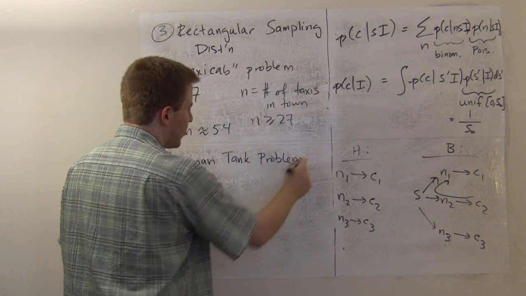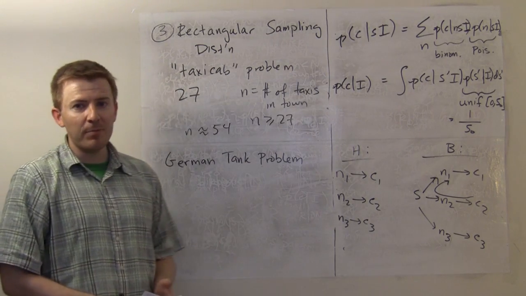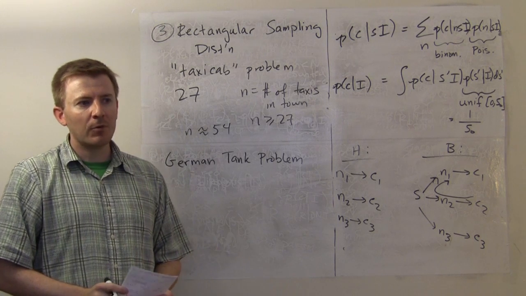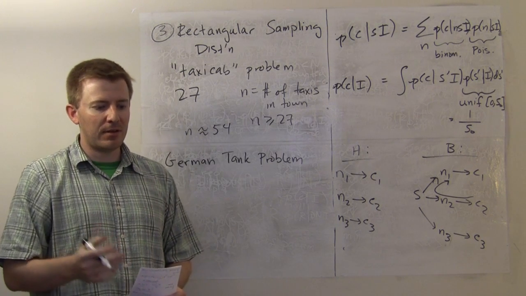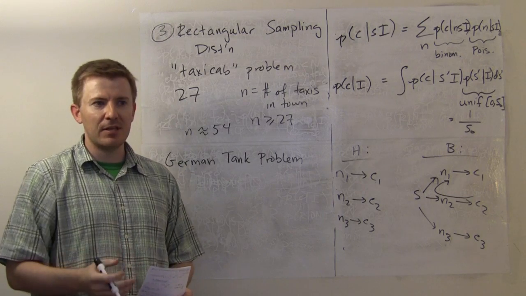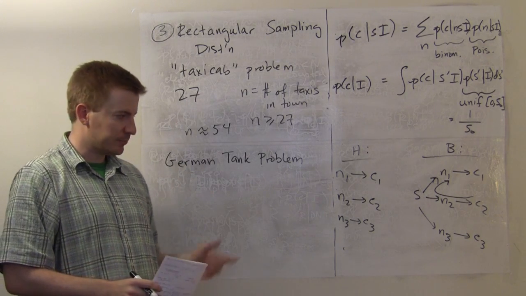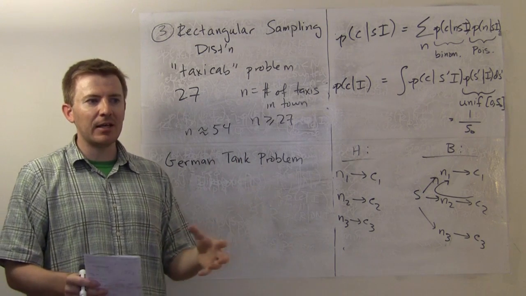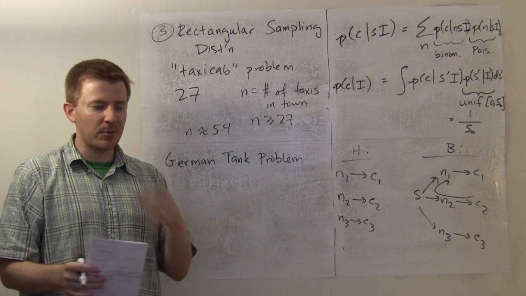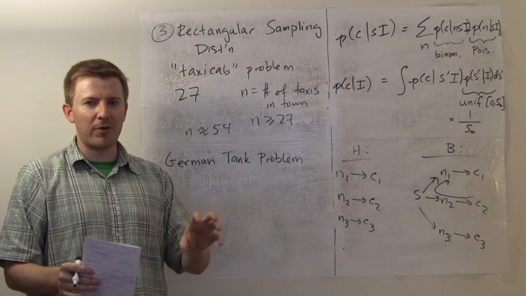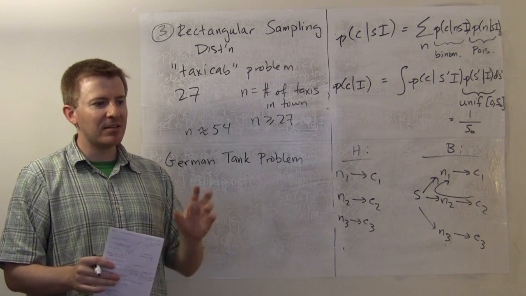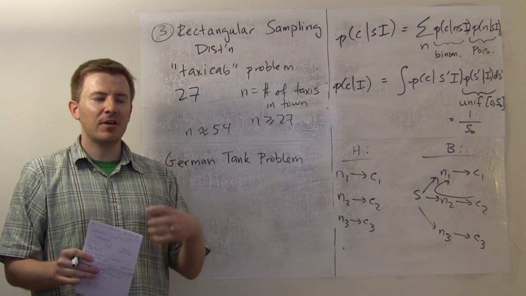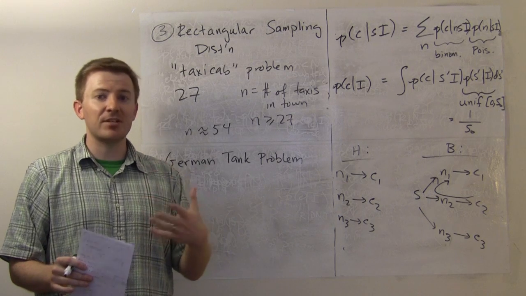Okay, and the reason it's called the German tank problem is that it came up in a very real way during World War II, when the Allies, in the days leading up to the invasion of Normandy, D-Day, desperately wanted to know how many tanks there were in the German army, particularly in northern France, and they had very limited and sketchy intelligence information about the German production capabilities at the time.